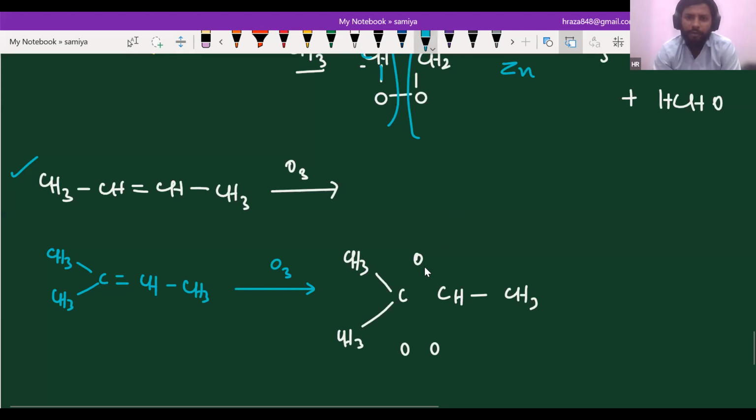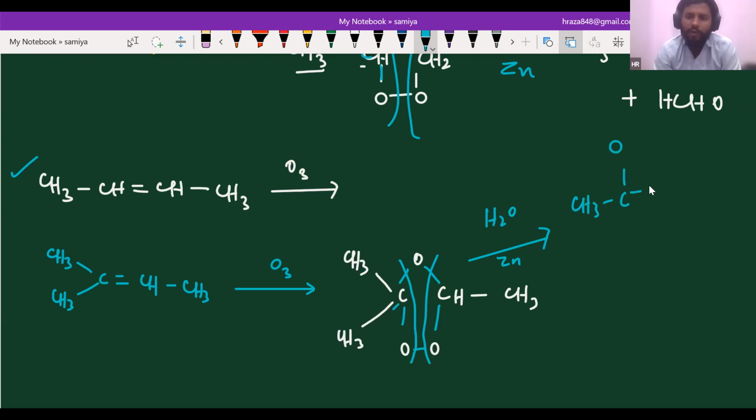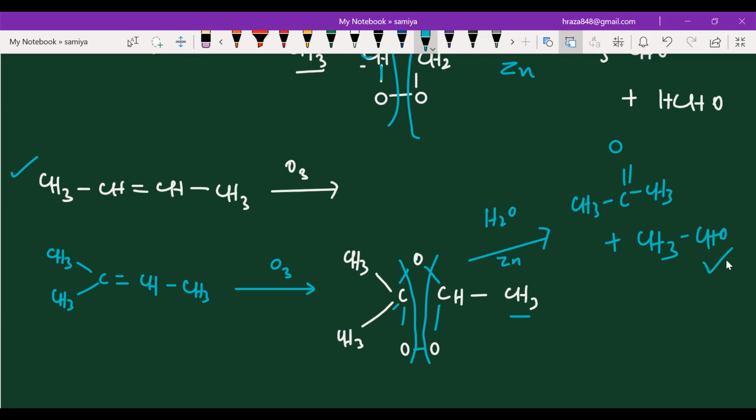Make a ring, break it. Now pass this through hydrolysis and zinc dust. You can see this is your CH3, this is C, and it is connected with oxygen by a single bond. What I told you, just make it a double bond. Now on the right hand side, CH3CHO. Got it? Okay, sir. Yes.